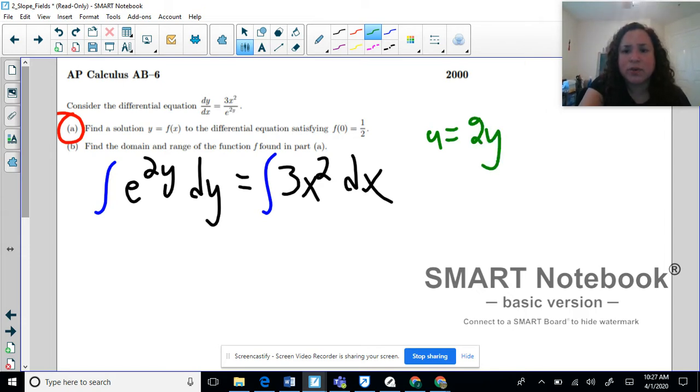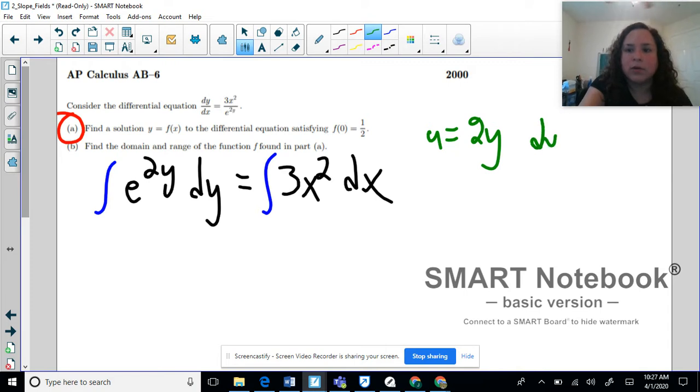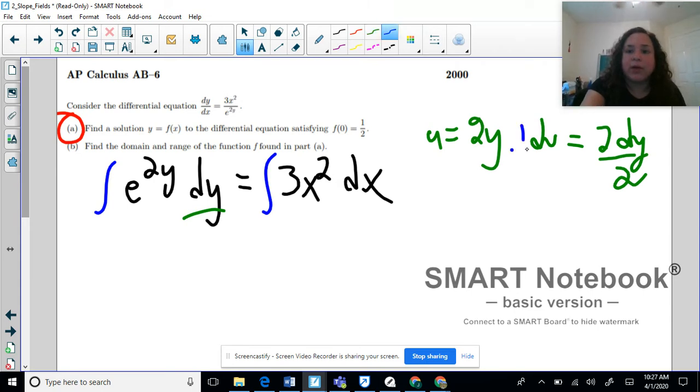Then we take the derivative, du equals 2 dy. Notice that the integral only has a dy, not a 2 dy, so we isolate dy by dividing both sides by 2, giving dy equals 1/2 du.